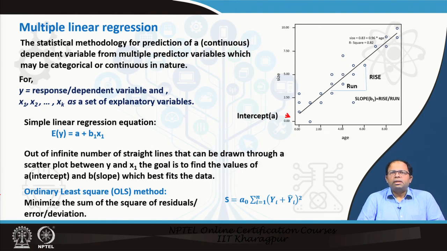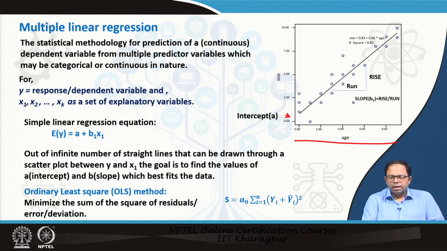So, that should be a multiple linear regression, and a simple linear regression, as you can see on the slide, is Ey when we are predicting for y, the response variable, we have only x1, a single variable, and a and b1, where a is the intercept and b1 is the slope. Over here, in this figure, we have two variables, age and size, and we are trying to predict one using another.